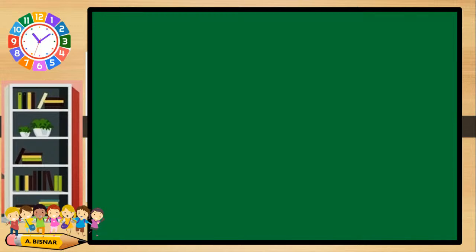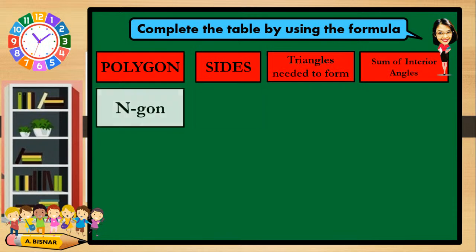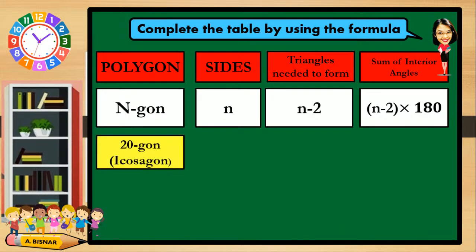So, let's try this one. 20gon. 20gon, or also known as icosagon. Try to identify how many triangles are needed to form icosagon, and try to identify the sum of the interior angles of icosagon.